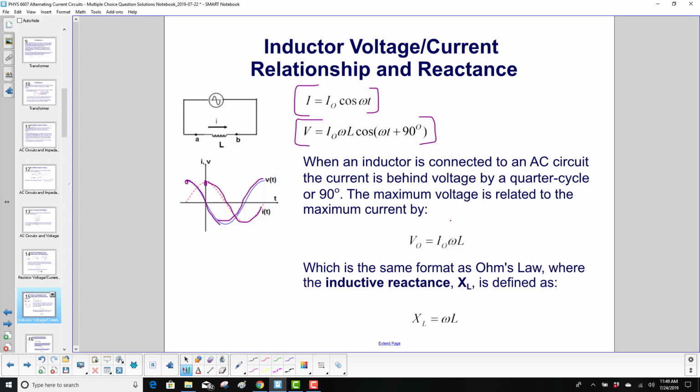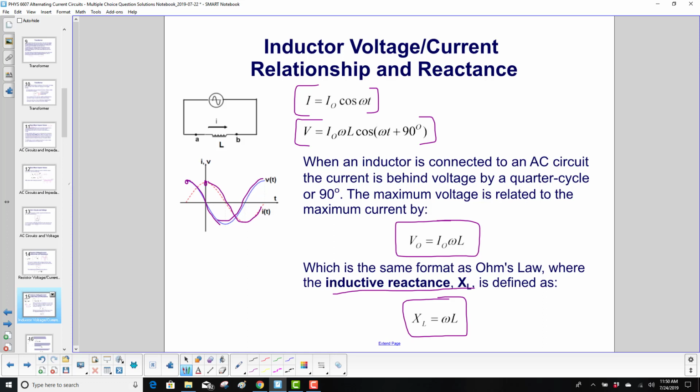The maximum voltage is related to the maximum current by this equation here: V0 is equal to I0 omega L. That is the same formula as Ohm's law, where the inductive reactance, which is going to be our analog for the resistance of a resistor, is defined as omega L. Certainly I left out a lot of steps here, and you could refer to another text, or Wikipedia is good for this also.